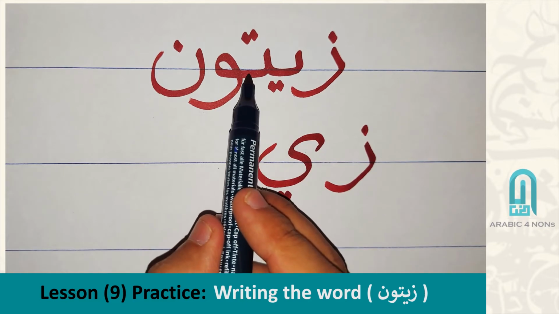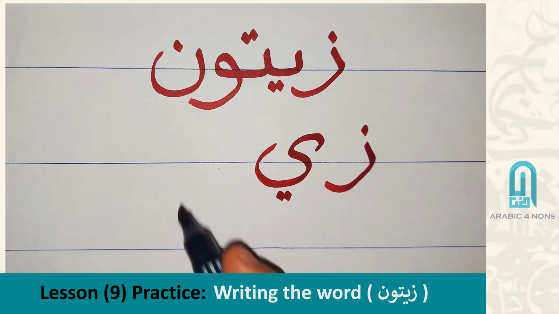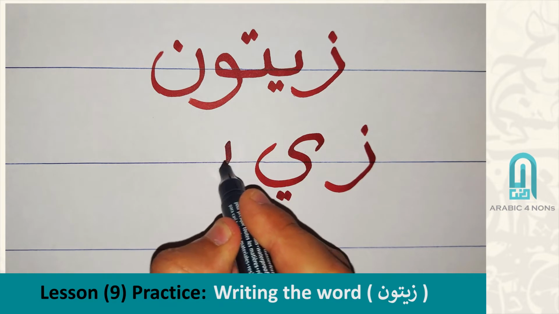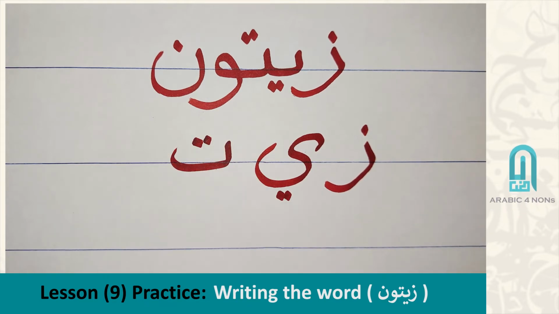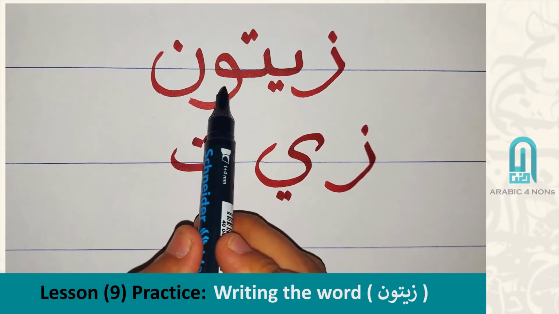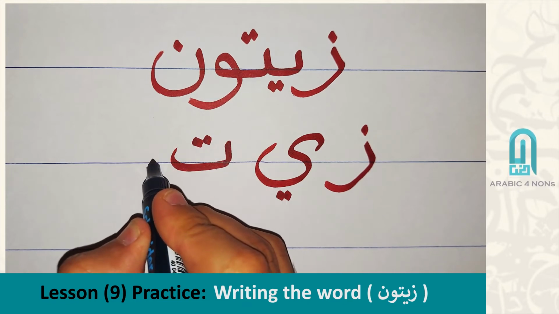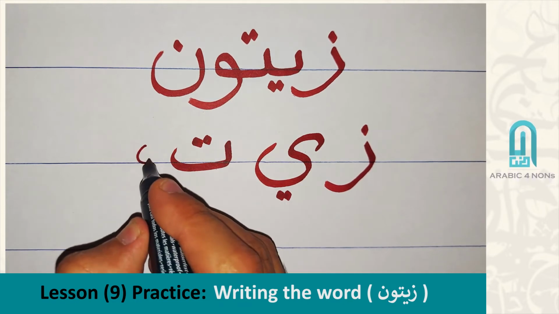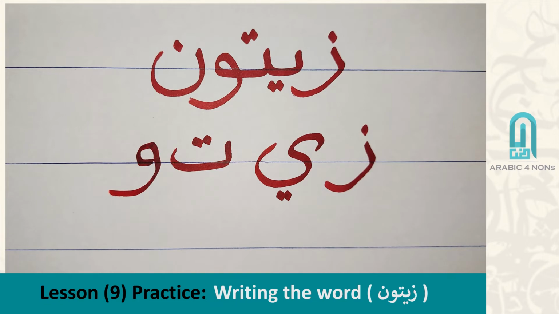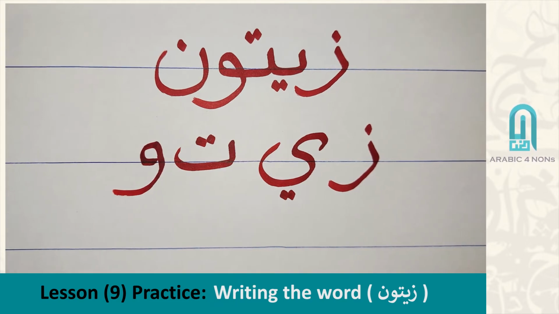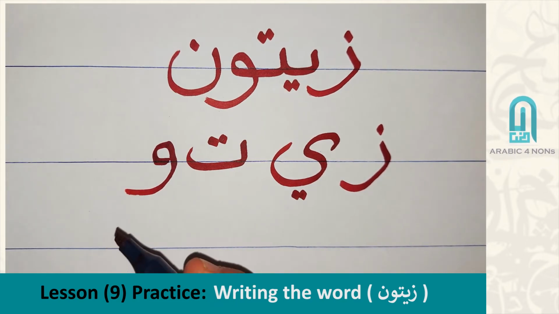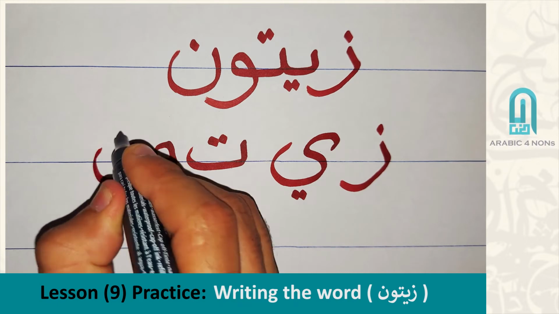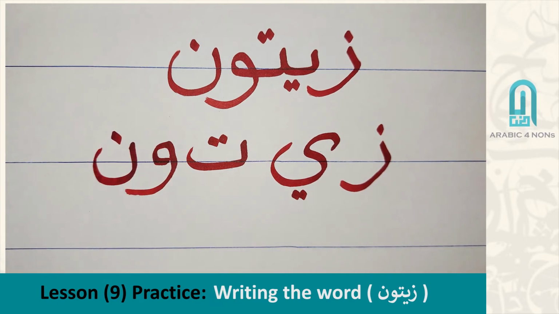The third letter is letter T. We write it like this, a boat. The fourth one is letter W, like this. And the last one is letter N. This was the first step, to analyze.